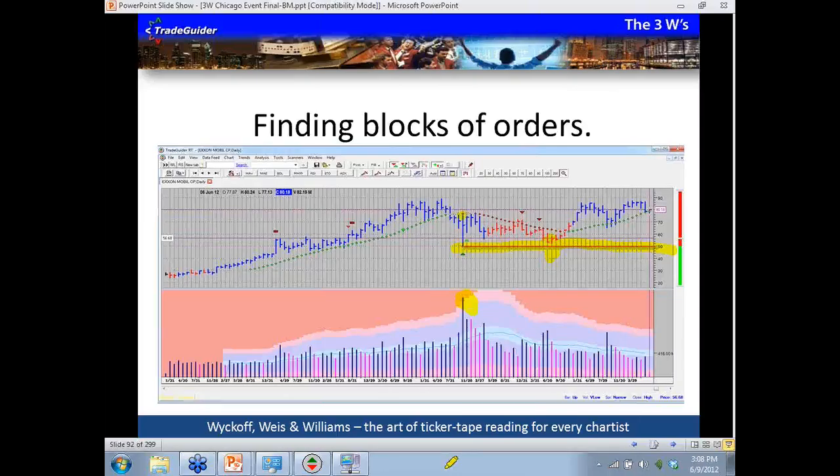Yeah, I'm going to put it up here. Widespread up bar. I'm going to watch this top in here. And the next one is the top of this bar.